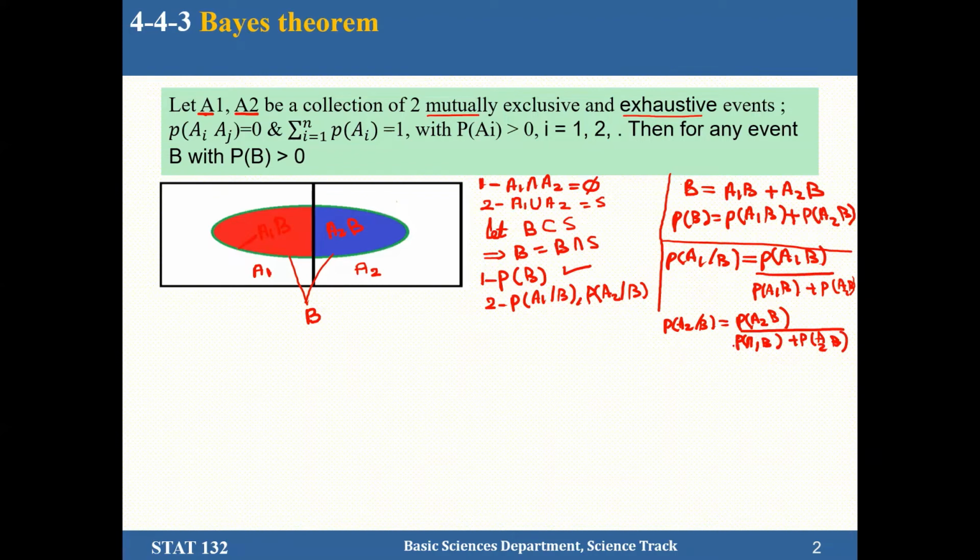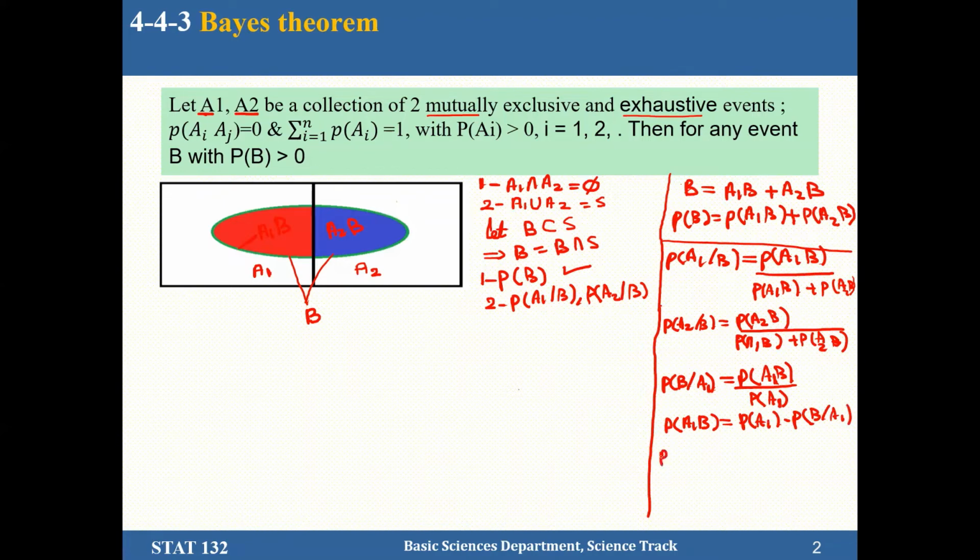Okay, so now how to find A2B and A1B. Recall the conditional rule: P of B given A equals P of AB over P of A. Say A1: P of A1B equals P of A1 multiplied by P of B given A1.